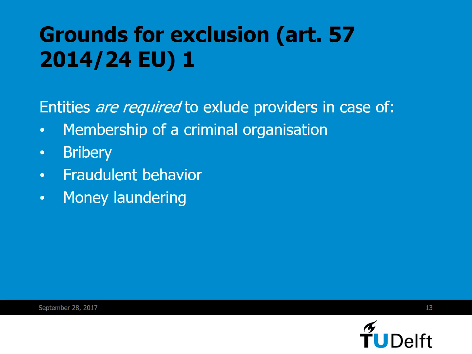If somebody is a member of a criminal organization, then you are required to exclude that person. If somebody has been convicted of bribery or fraudulent behavior or money laundering, there is no more choice. You have to exclude those people. So they will not be allowed to join the tender.